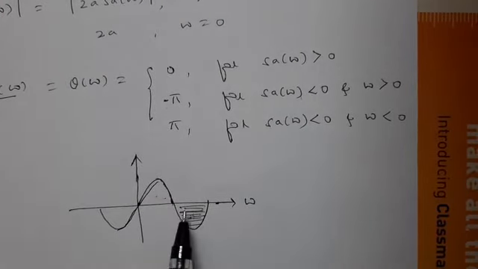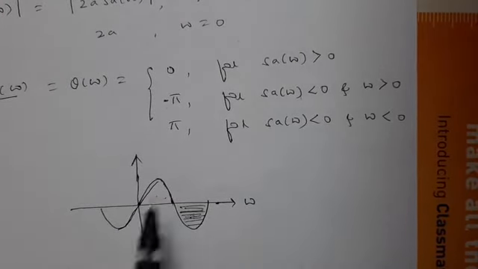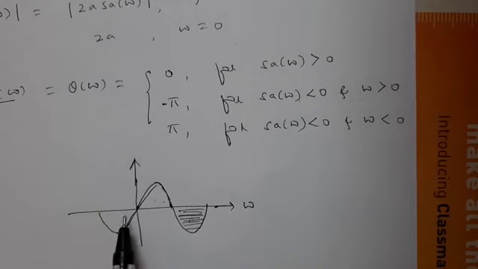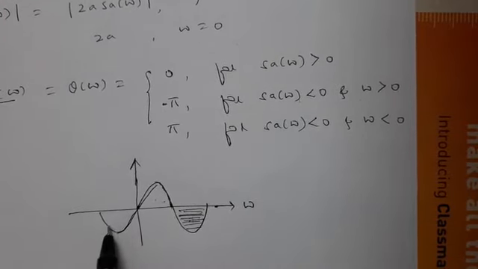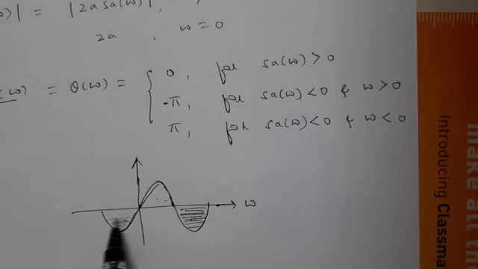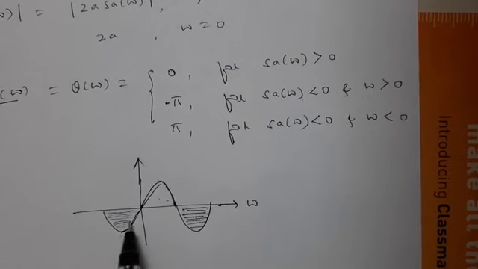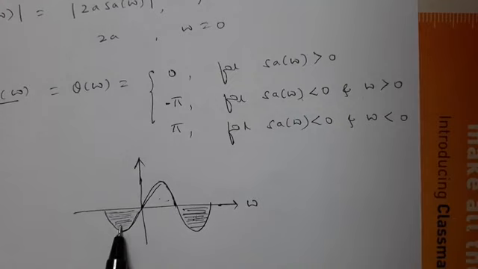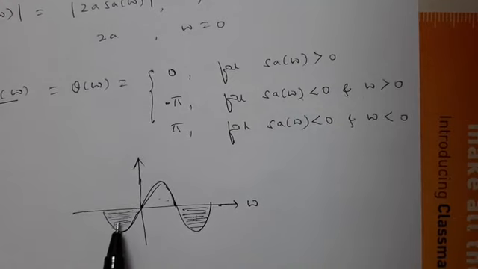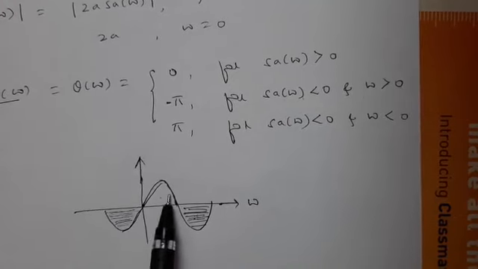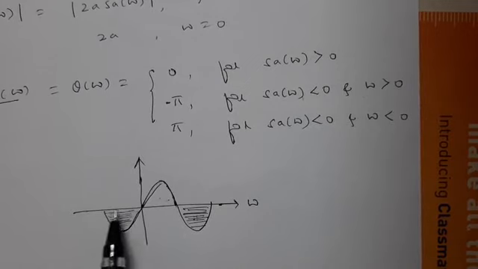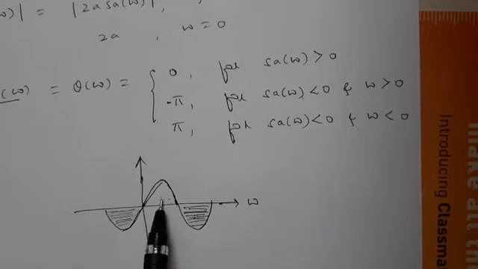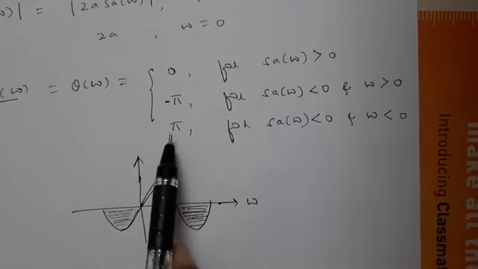Similarly, when omega is less than 0, on the left side, omega less than 0 and Sa of omega less than 0, this cycle, is it leading or lagging this cycle? This cycle has come first, so this is leading by this cycle, and hence it is pi radians.